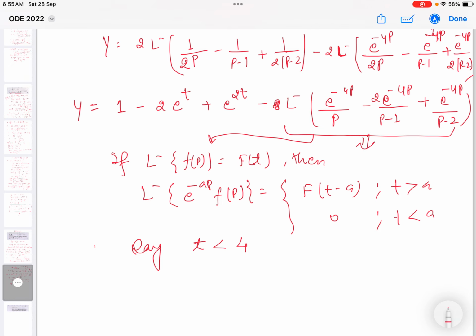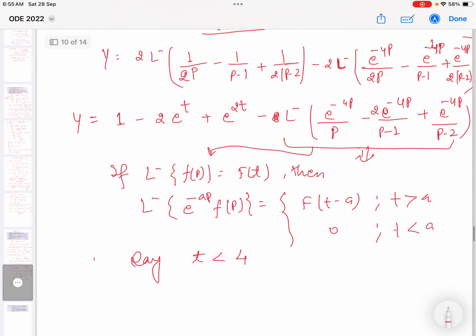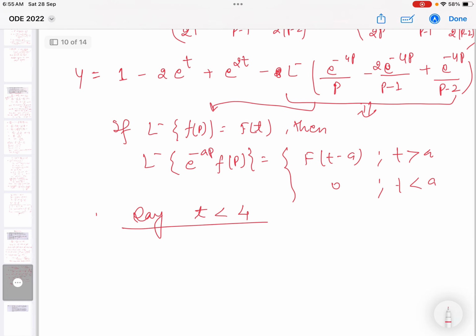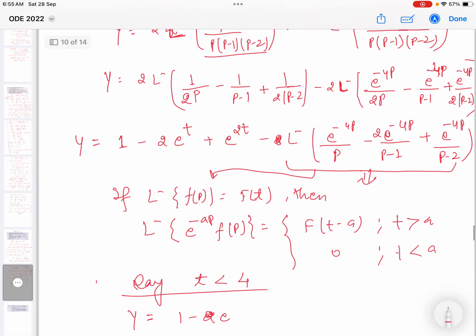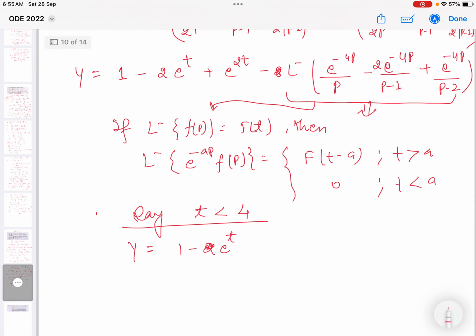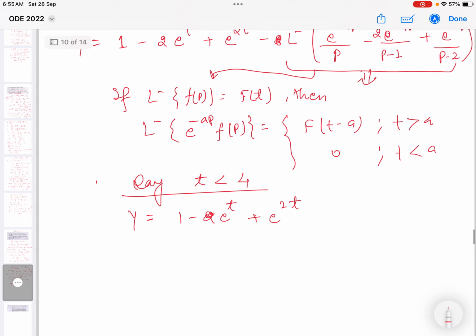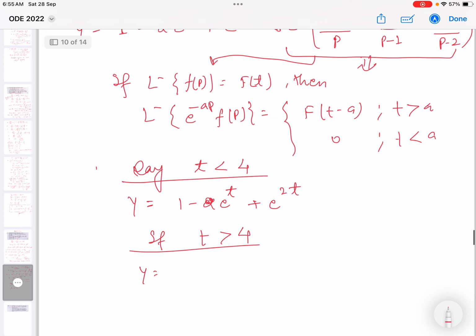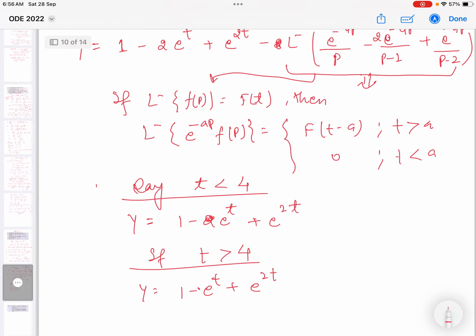So for t less than 4, y will become simply 1 minus 2e raised to the power t, e raised to the power 2t. If t is greater than 4, then y is equal to 1 minus e to the power t, e to the power 2t.